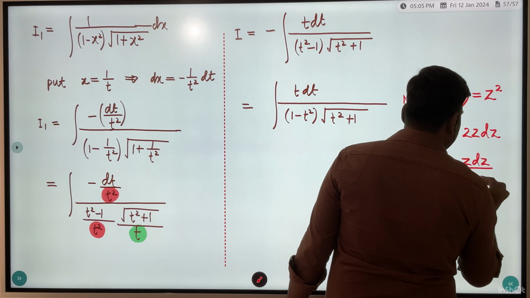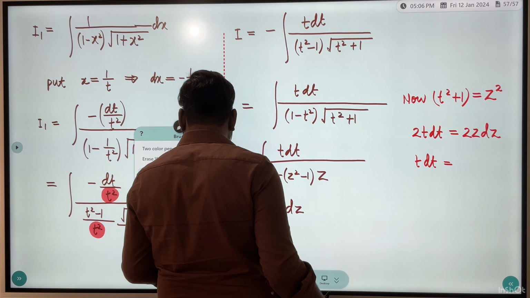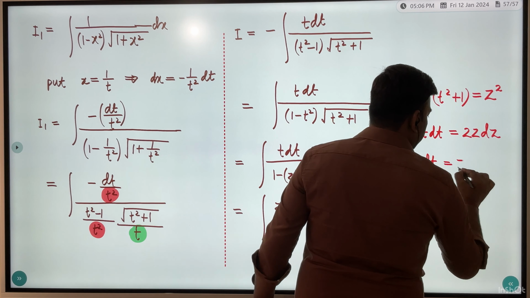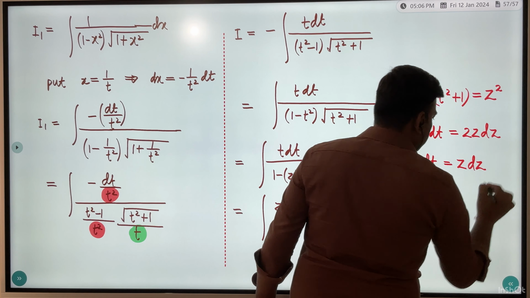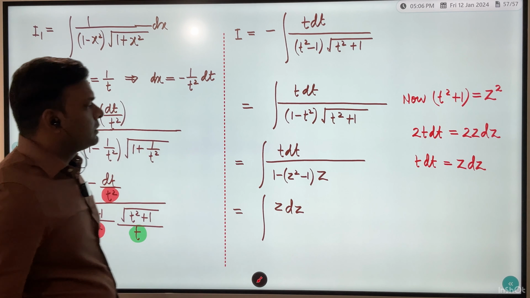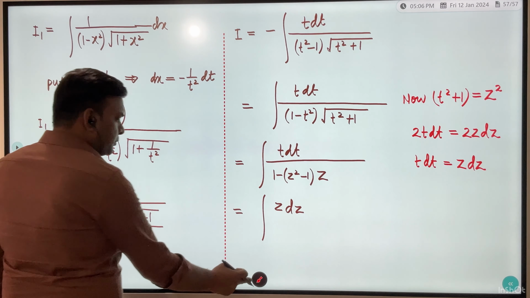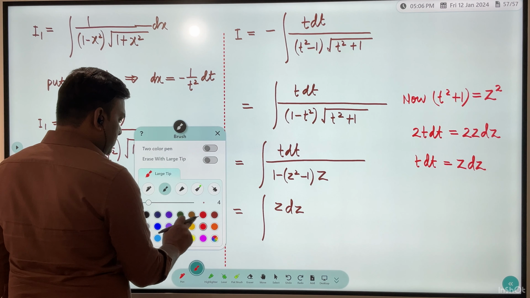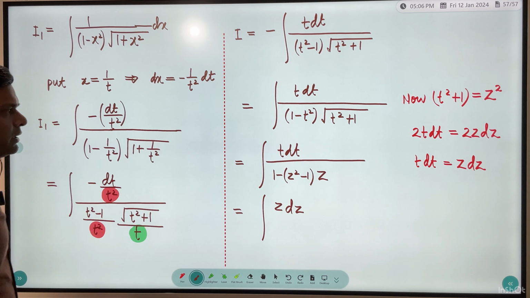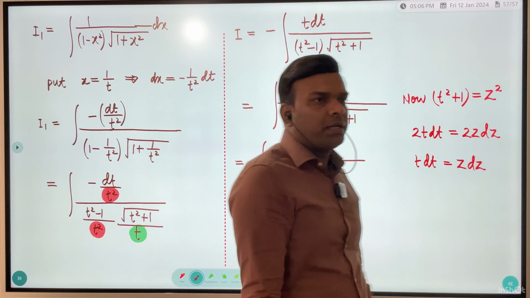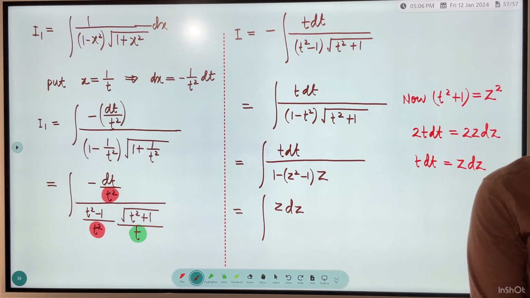So t dt will become equal to z dz. Now the given integration has become t dt divided by 1 minus bracket z square minus 1 into z.